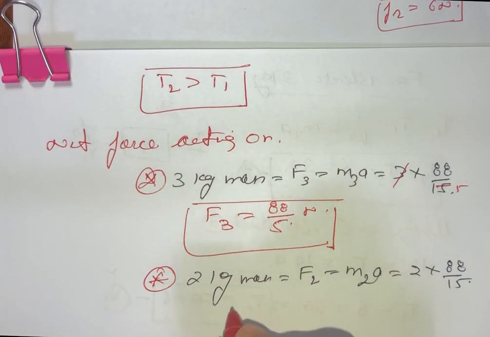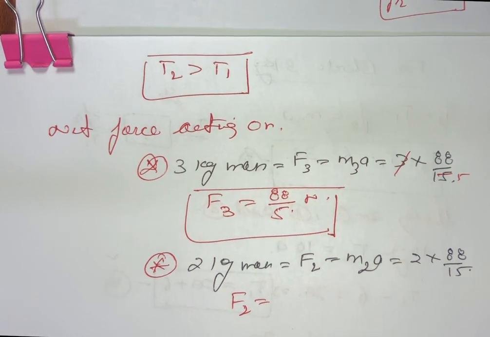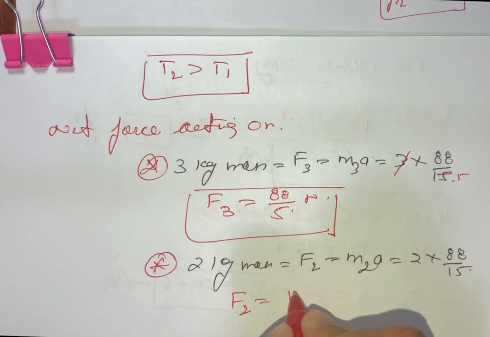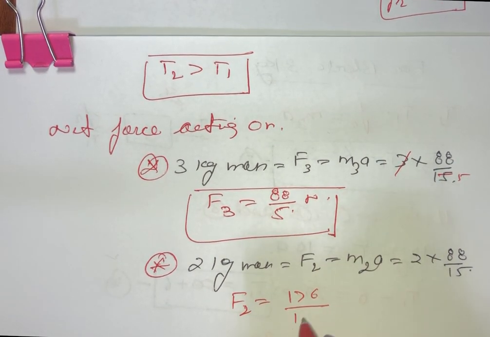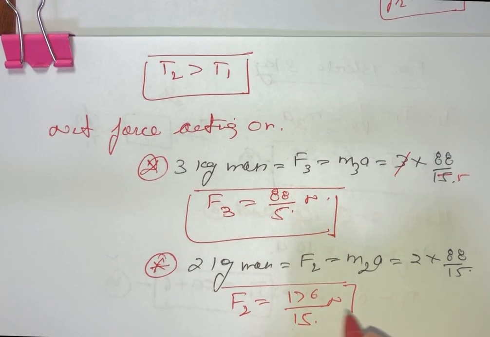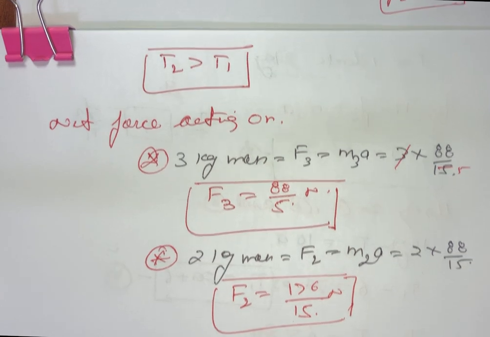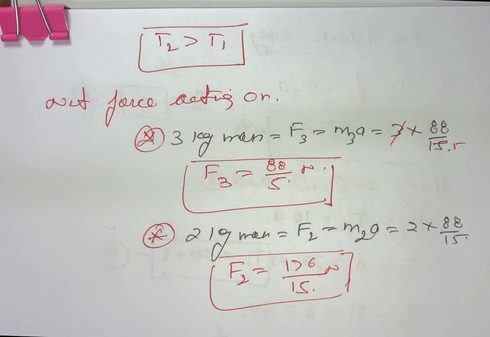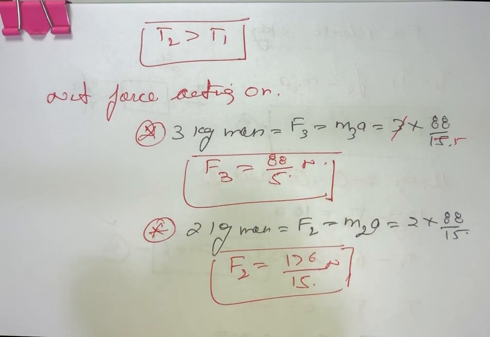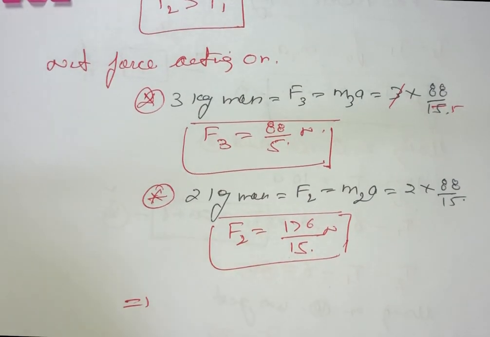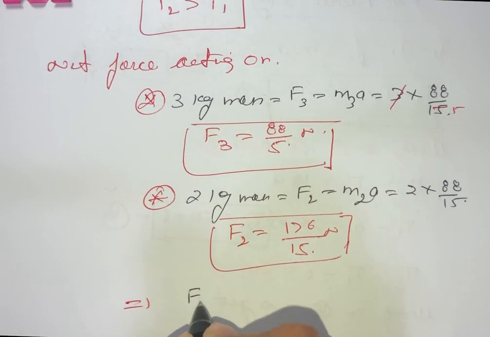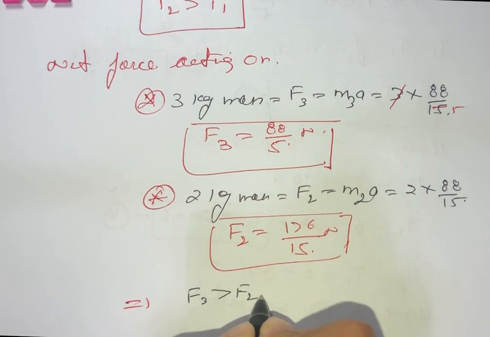So we can say that our F2 is equal to 176 divided by 15. So from here we can say that our F3 is greater than F2.